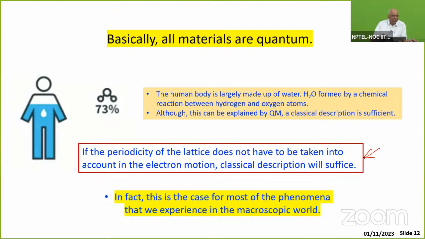The periodicity of the lattice does not have to be taken into account in the electron motion. Classical description will suffice. How would you prove or disprove this? What would be the criteria for you to say, no, I now have to invoke quantum mechanics?